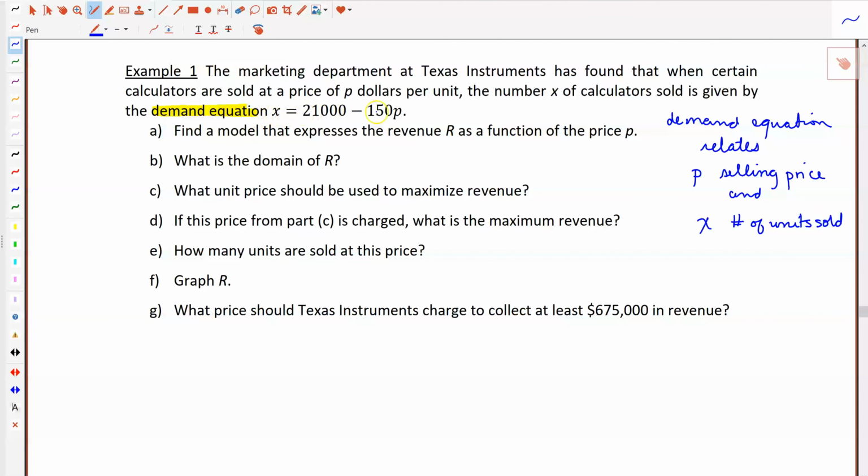That's what this demand equation is telling us. It relates the price P of the item to the number of units sold.